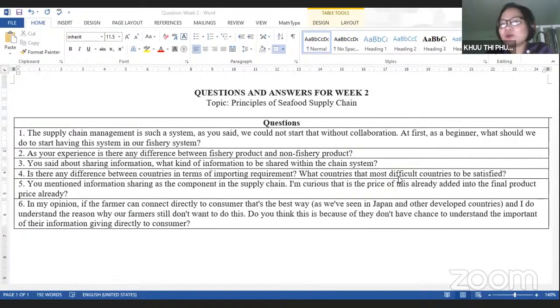In my experience, when I asked the fishermen, they said that the government publishes the price. Otherwise, the farmers or the fishermen don't want to tell you about the price because they will negotiate with their sellers.